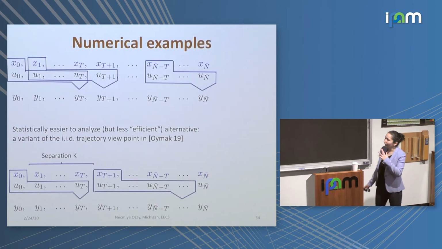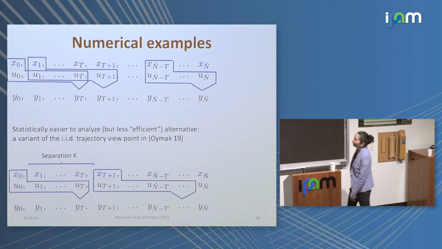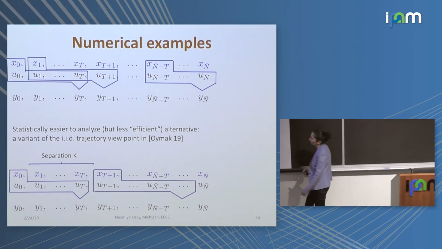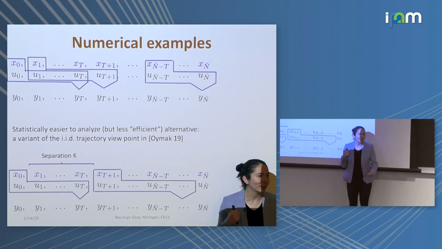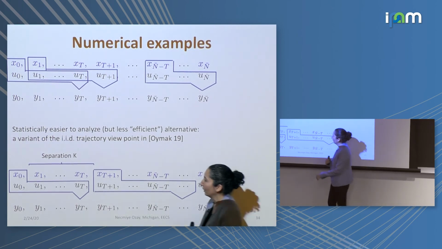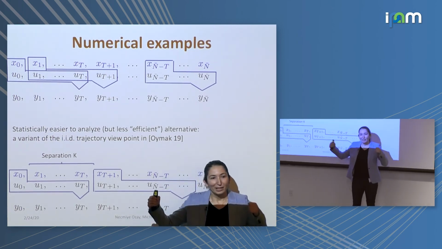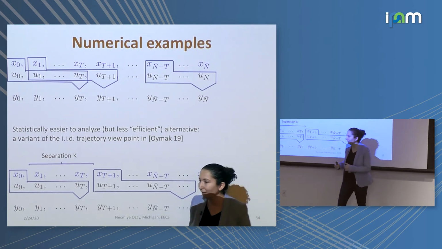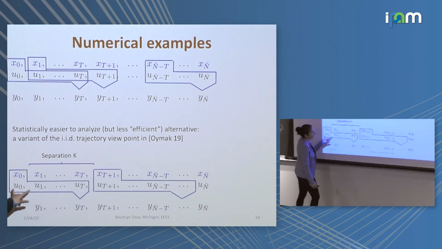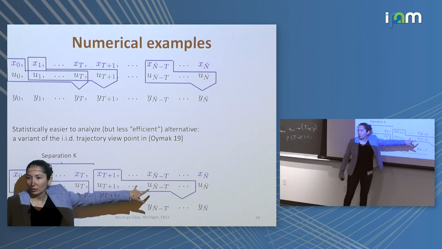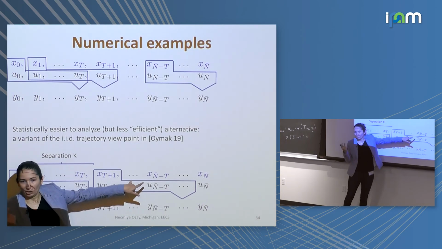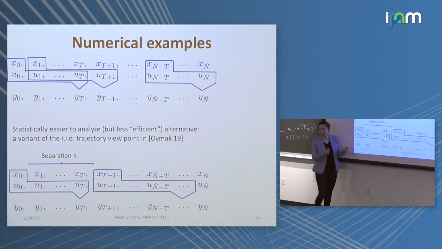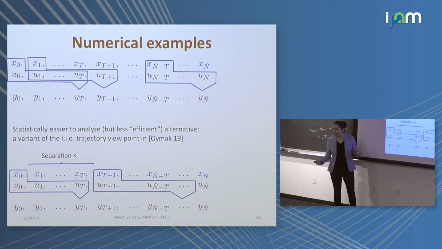I have some numerical examples. And we compared this. There's this other idea to simplify the statistical analysis where, if you have independent data points, analysis is a little easier. So you can separate your chunks and treat them as almost independent.